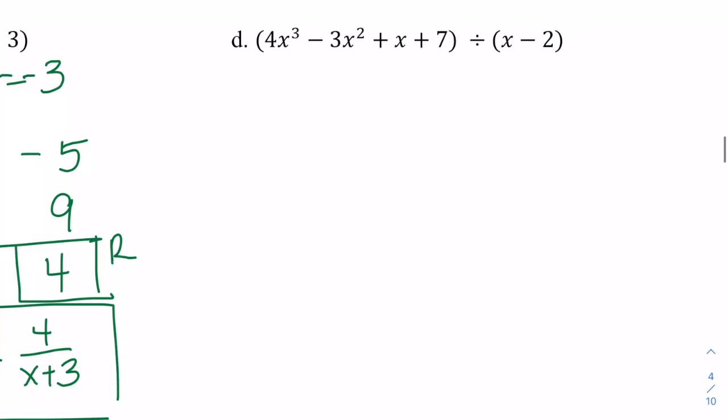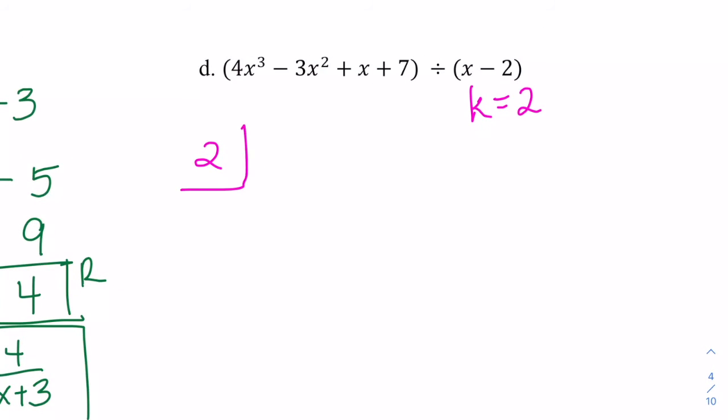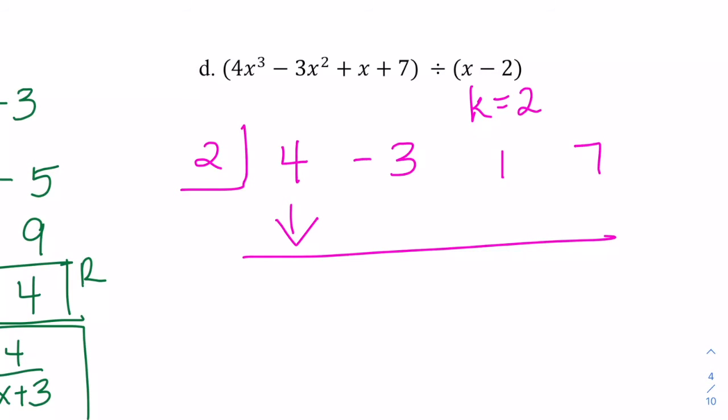Now let's look at the next one. For this one, our k is going to be equal to 2. So I'll put that in the multiplier box. And our coefficients are 4, -3, 1, 7, constant 7. Bring down the 4. Multiply going up, so that's 8. Add going down.